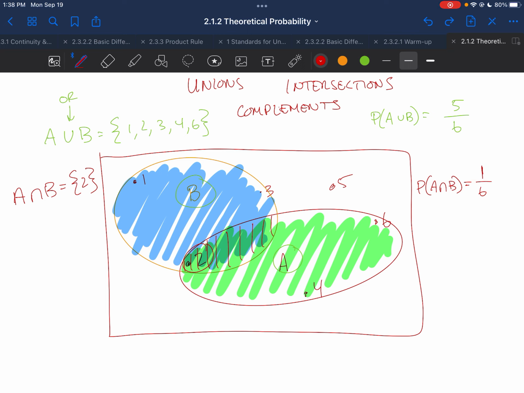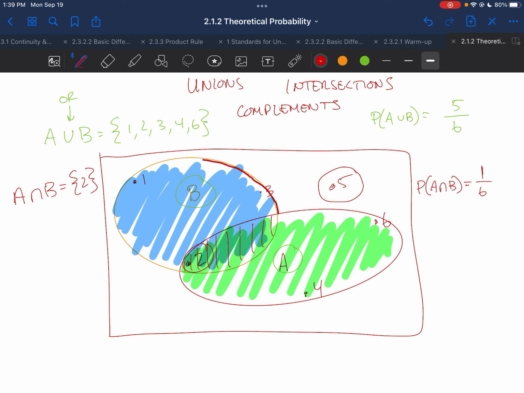Now, there is other stuff happening here. Notice how we still have this one value outside. A union B is all of the space, and I'm going to outline it here in red with a thicker marker.